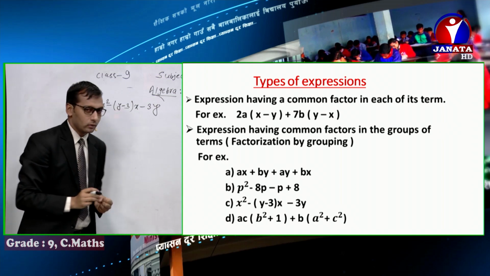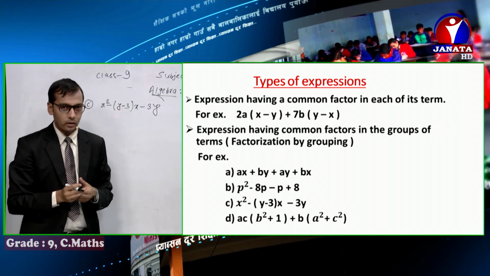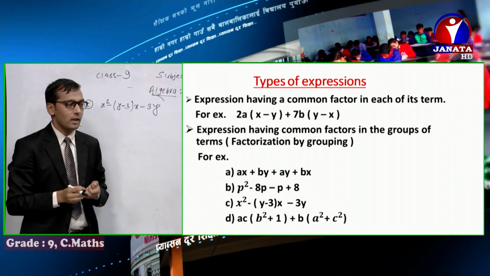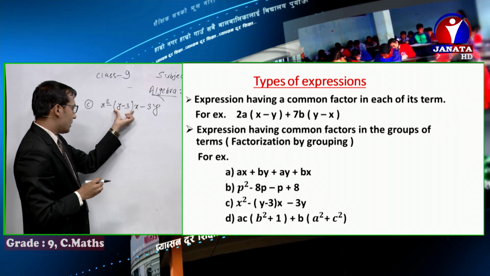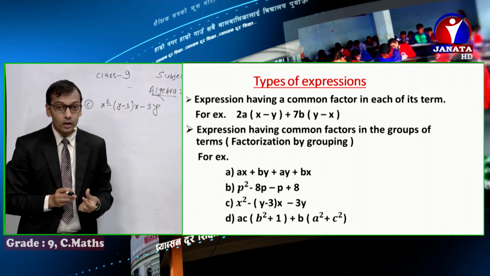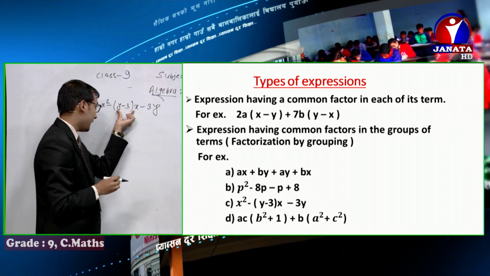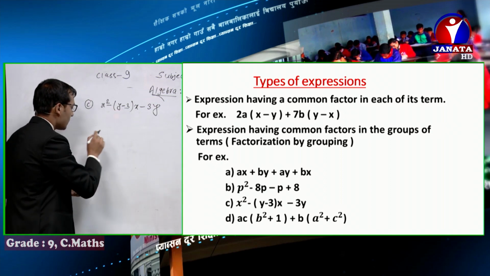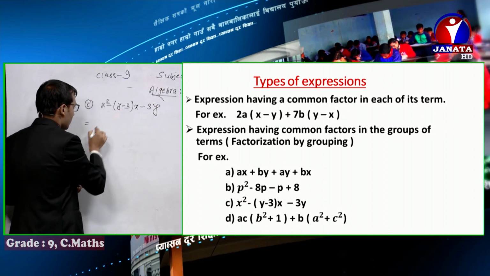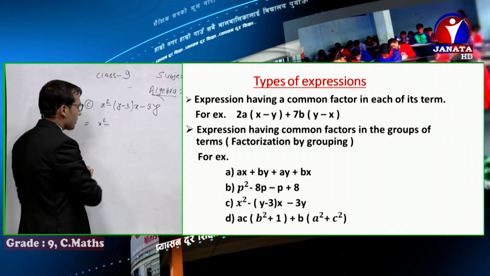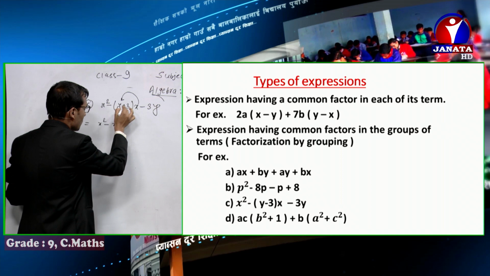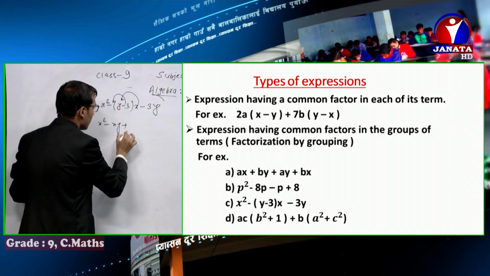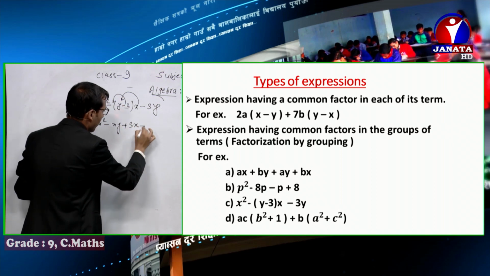Let's try this question. How do we factorize this? Here is the first term, this is the second term, third term, but we need to open the bracket in the second term. Let's start: x square minus, let's open the bracket, x times y is xy. So minus minus becomes plus, 3 times x, 3x, minus 3y.